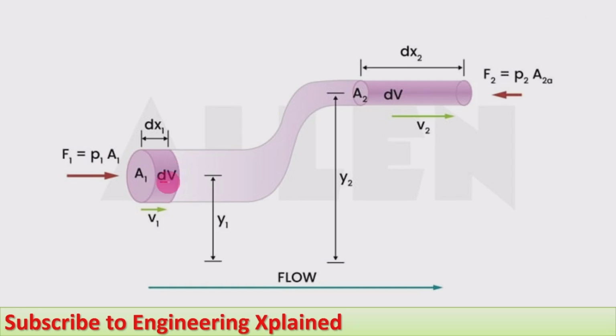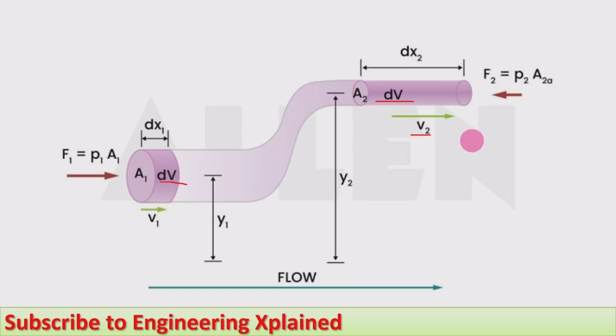Then section 2 is at elevation y2, and section 1 is at elevation y1. Section 2 has cross-sectional area A2, small distance dx2, and velocity v2, its volume flow is dV, and the force acting is F2, equal to P2 into A2.